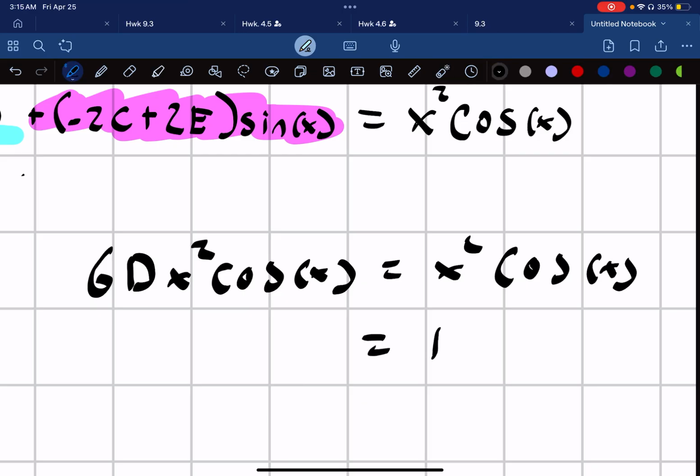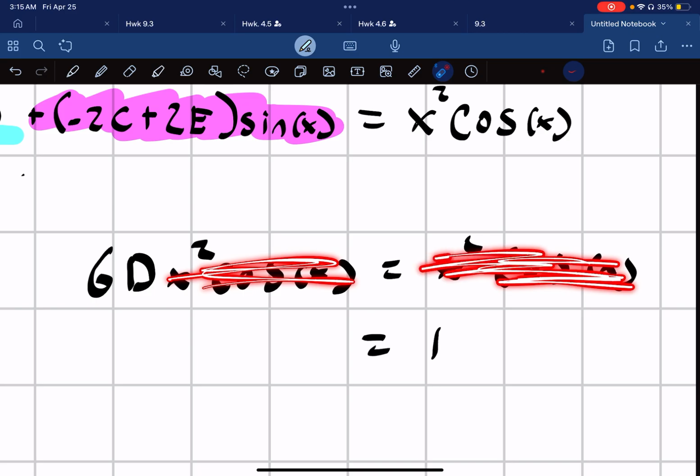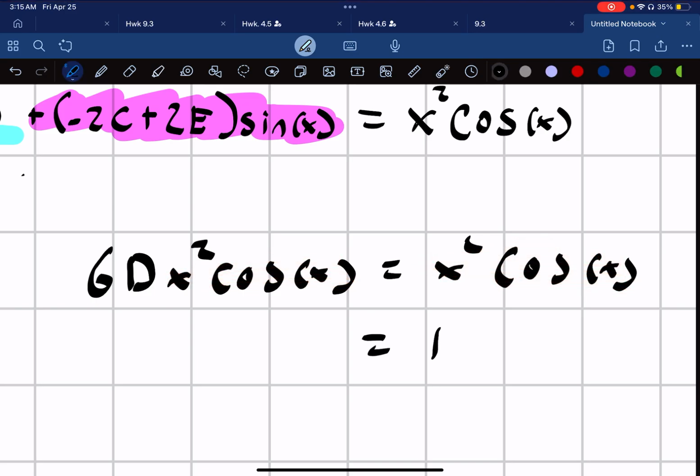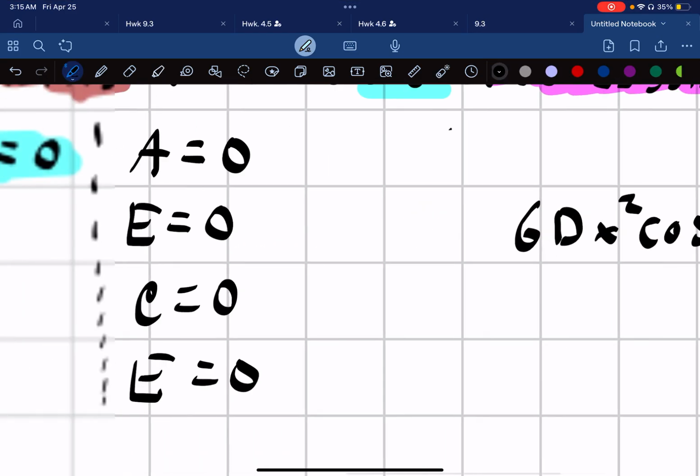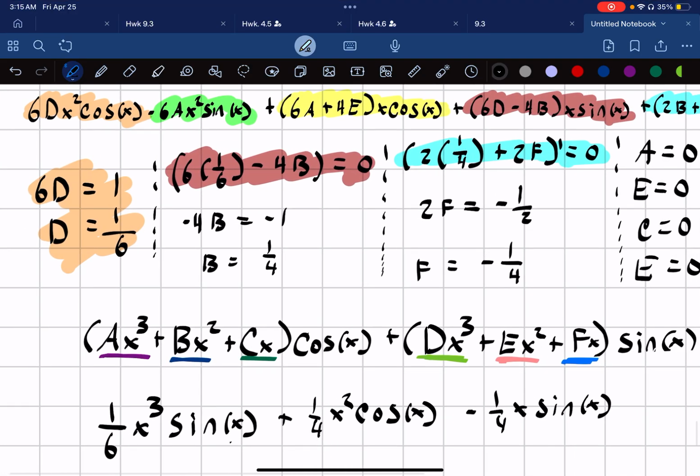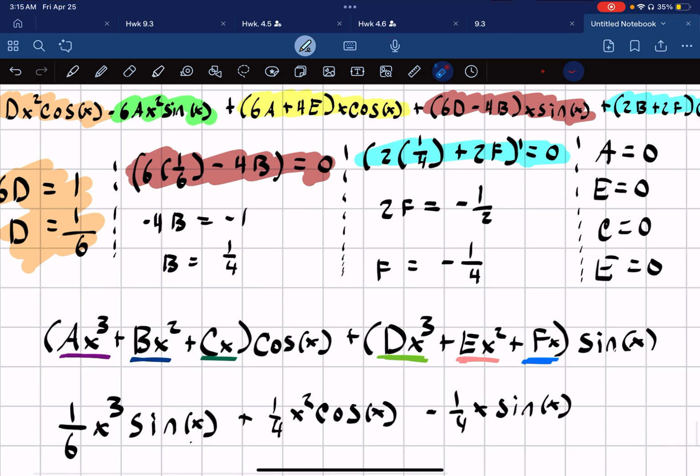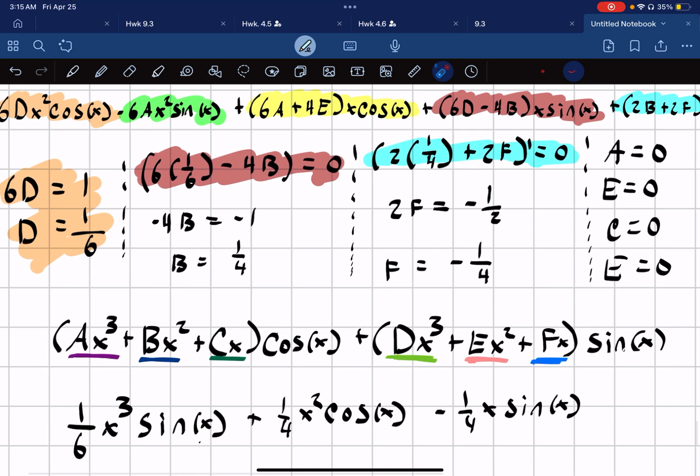We just cross this out, this one out, and this one out. So we have 6D equals 1, and doing algebra right here, we have d equals 1/6. Next step is to find what else has d in the equation. This one has d, so we could plug in 1/6 for d.